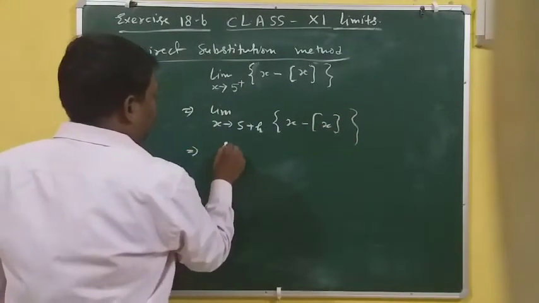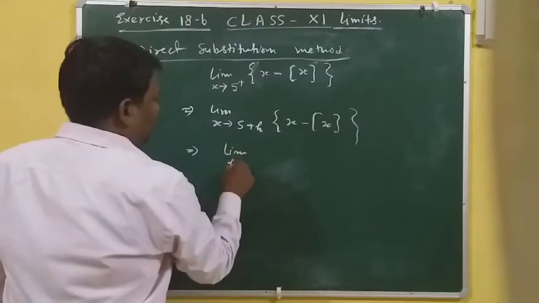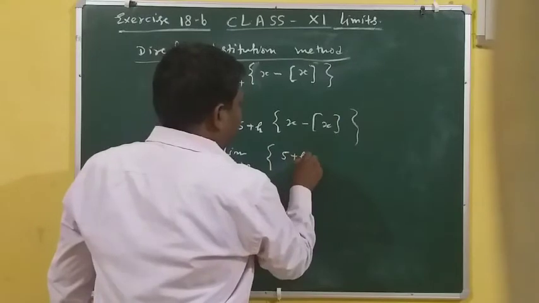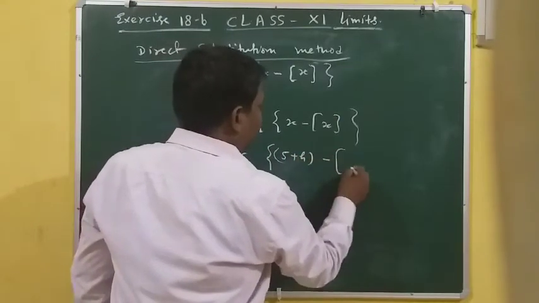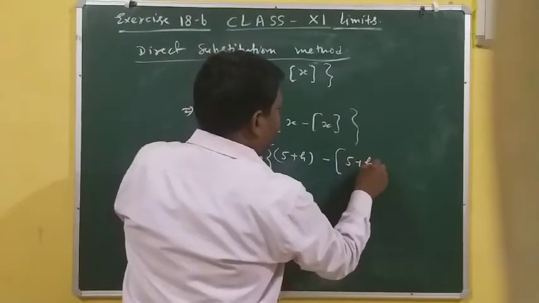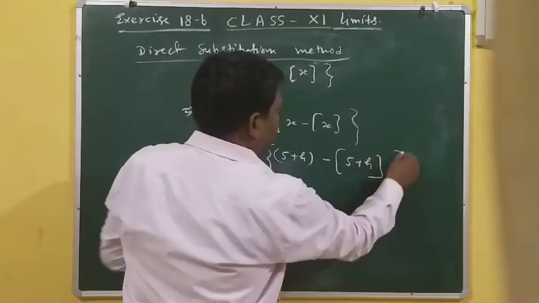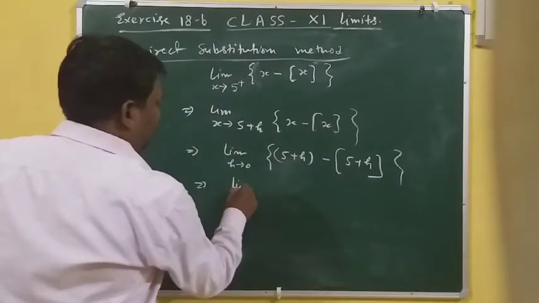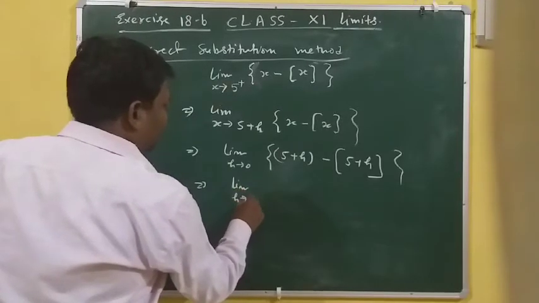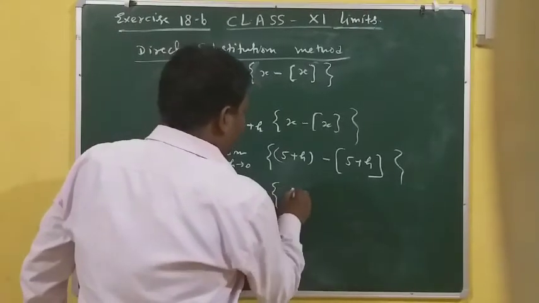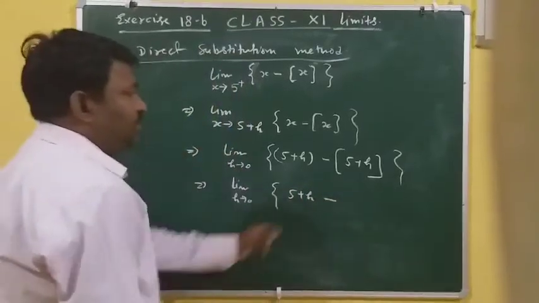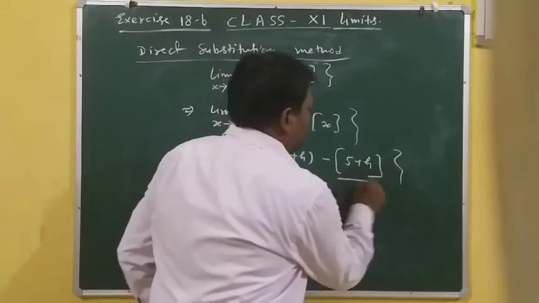So here limit h tends to 0, 5 plus h minus the greatest integer of 5 plus h. Okay, since you know that limit h tends to 0, it is 5 plus h minus, just see what should be the value of this one.